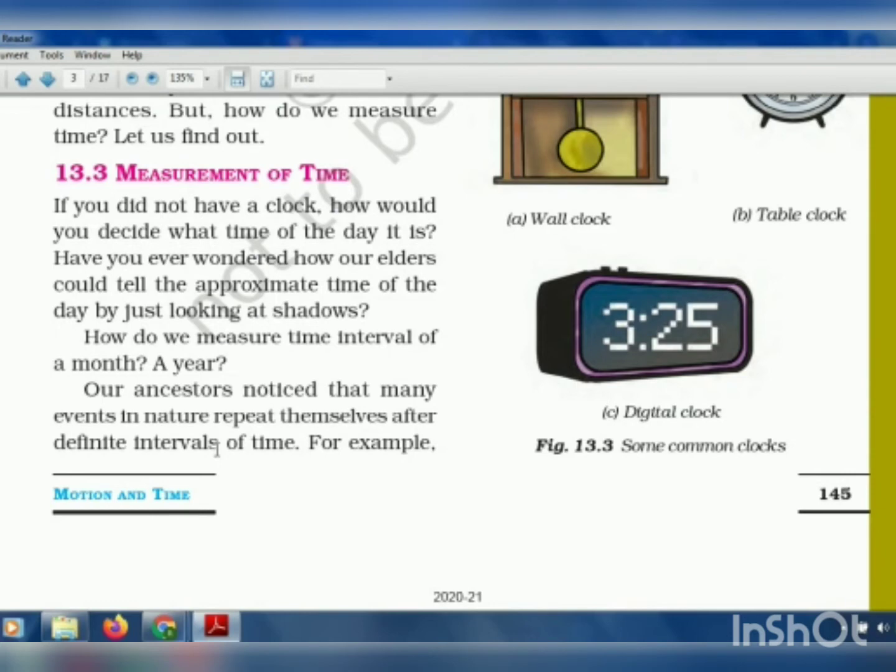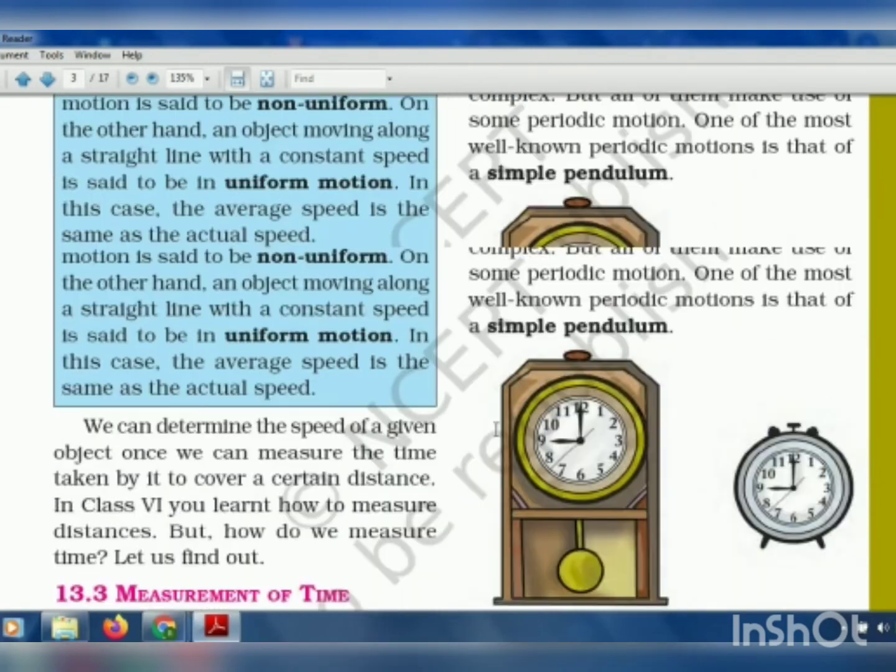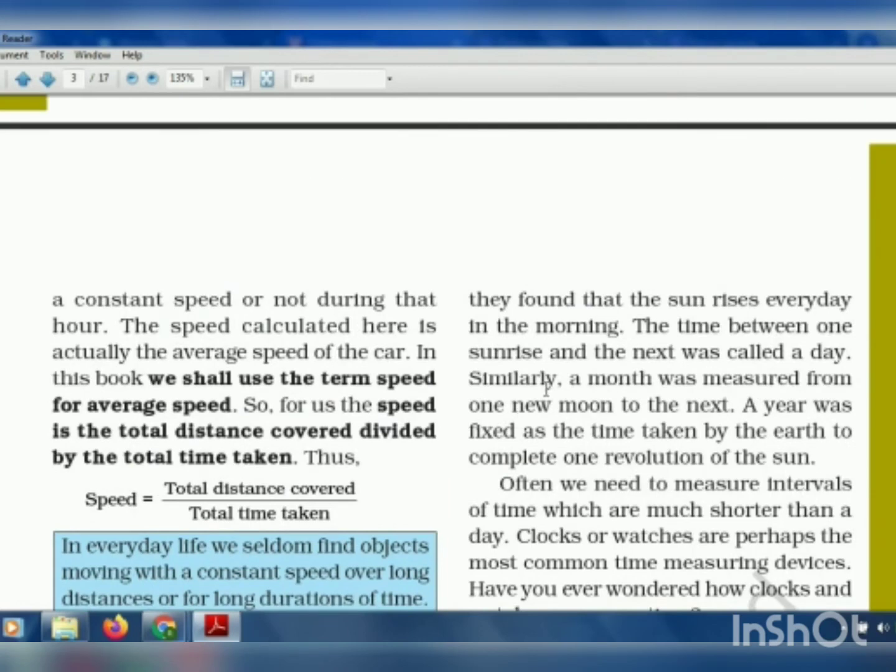So they noticed that some of the events occurring in nature keep on happening after some time. For example, they saw that the sun rises in the morning and as the day completes, again the sun rises the next day. So they thought that a day can be counted from the sunrise of one day up till the sunrise of the other day.